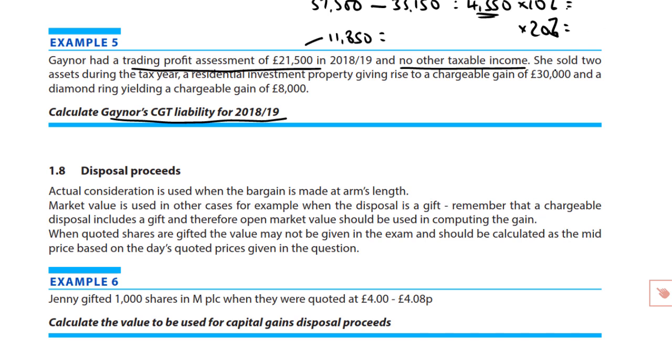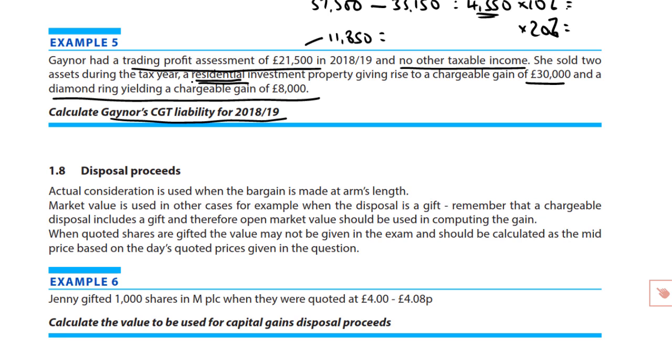She sold this time 2 assets during our tax year. A residential investment property. They've given us the gain, we don't have to work it out, 30,000, and separately a diamond ring, which yielded a gain of £8,000. So we've got this time 2 disposals, both giving rise to gains, but this time we cannot put these gains into a pool and into one CGT calculation.